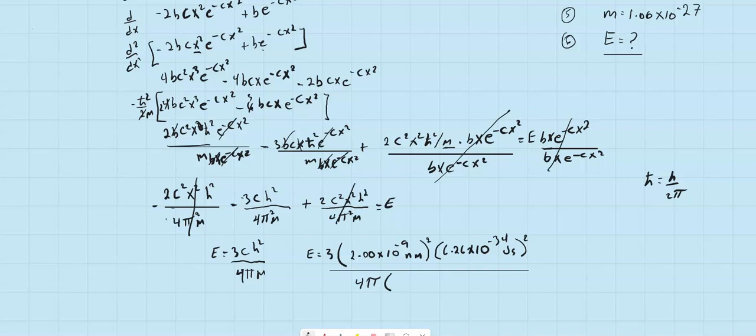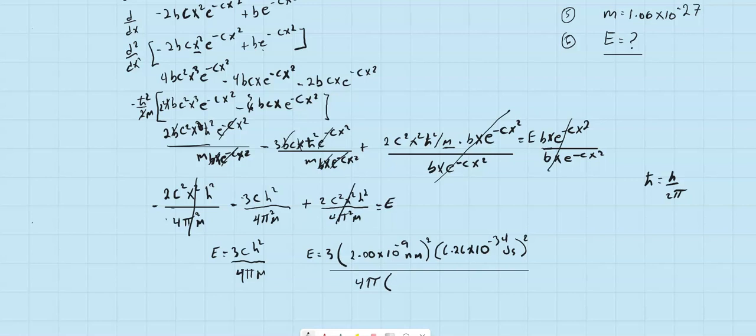And my mass, remember, it says that the mass is equal to 1.00 times 10 to the negative 27 kilograms, right?